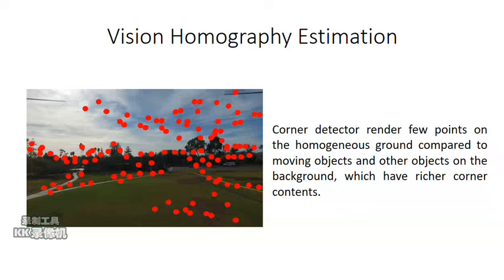However, this approach is not suitable for some environments, such as this image, because this technique would yield few points on the homogeneous ground, compared with moving objects and other objects in the background, which have richer corner content.